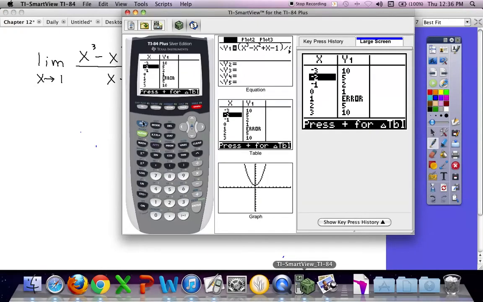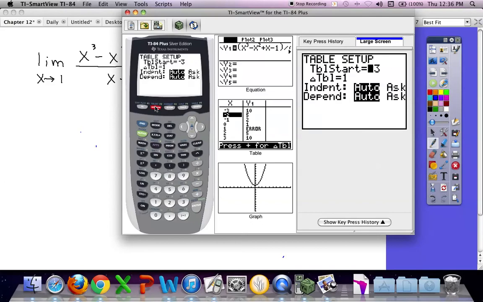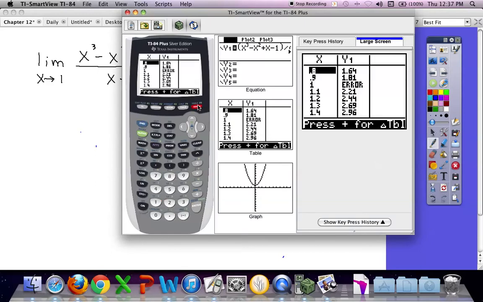So go back to the table set. Second table set. So let me make this 0.8 as a starting point and 0.1 as the increment. And let's look at the table of values.